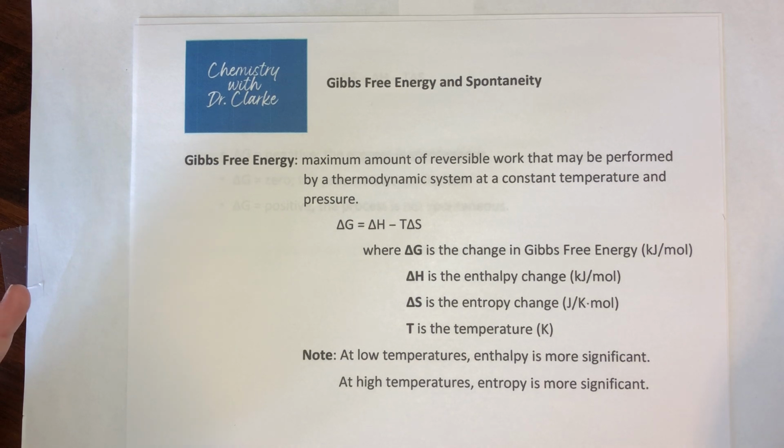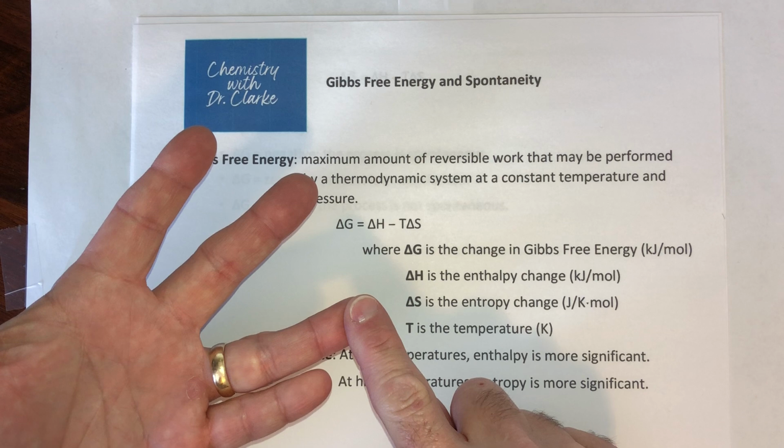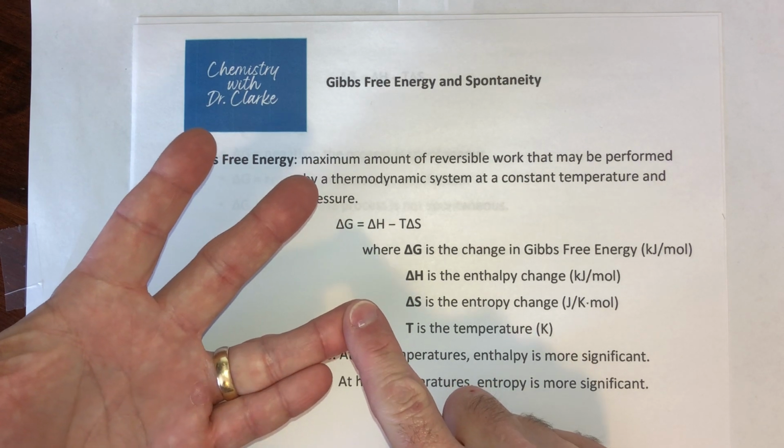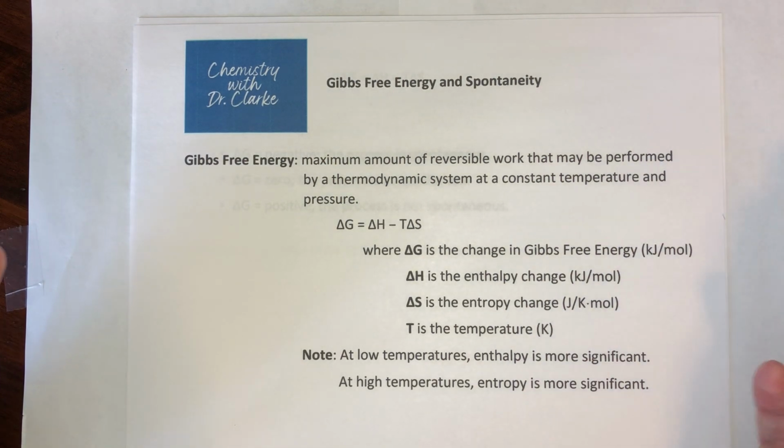Basically, you're deciding if the reaction is exothermic or endothermic, and you're deciding whether the entropy or disorder increases or decreases. So if you're looking for an explanation of how to predict spontaneity without doing any calculations, you should probably pause this video and go and take a look at my other video that talks about deciding if a reaction is spontaneous or not.